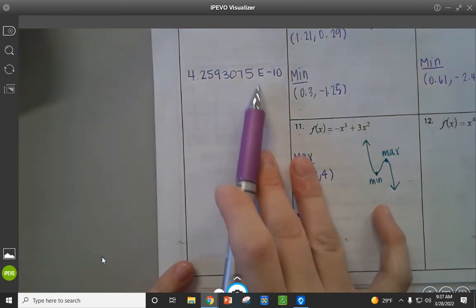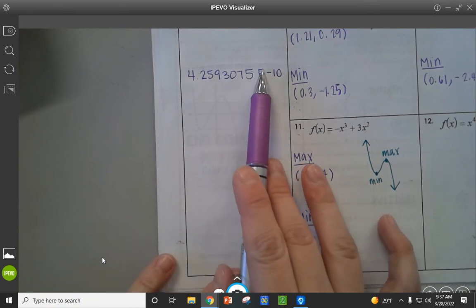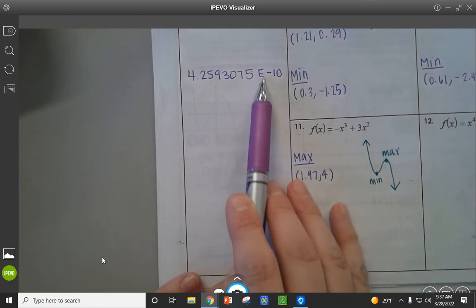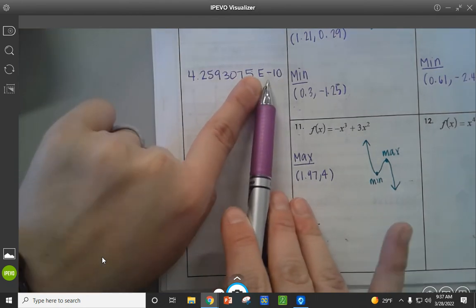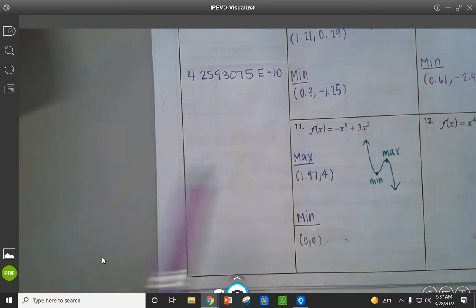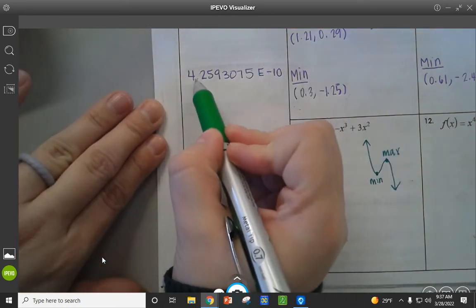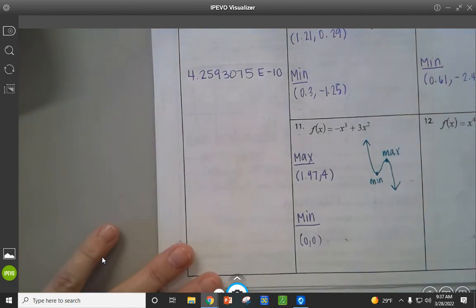This is scientific notation. I don't know what the E stands for, to be honest, but what it means is that I'm going to move the decimal point left 10 spots. If I move it left, you'd fill in all of those with zeros.